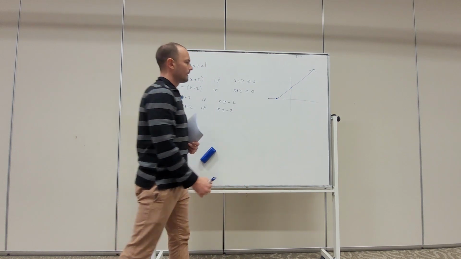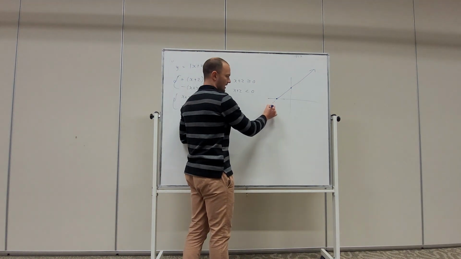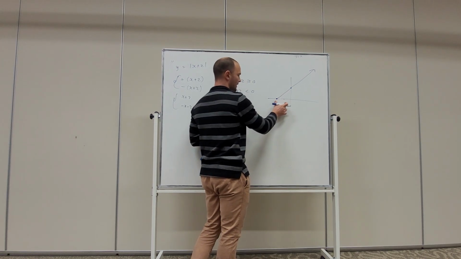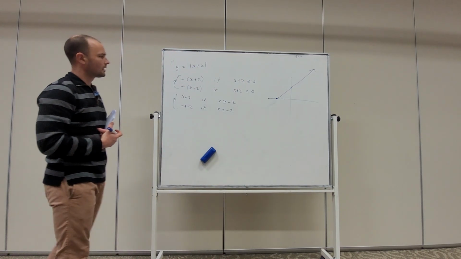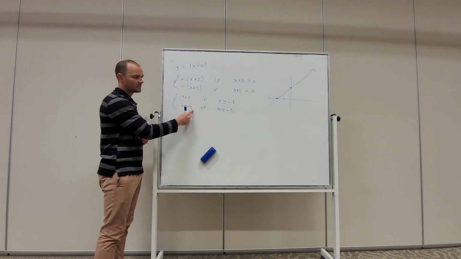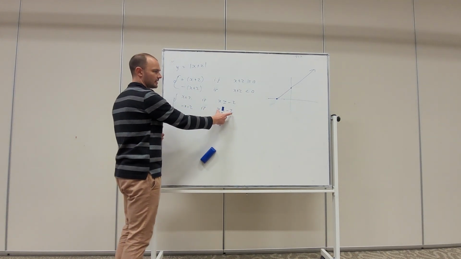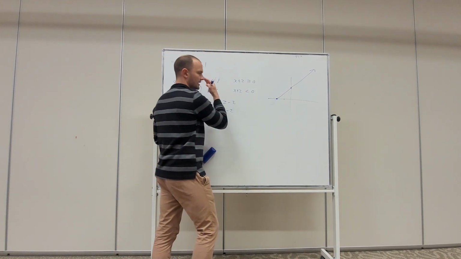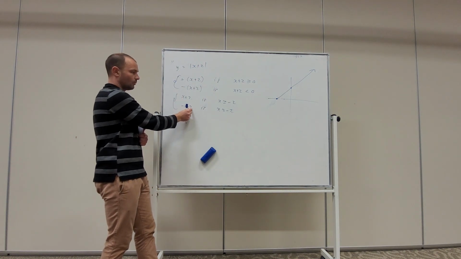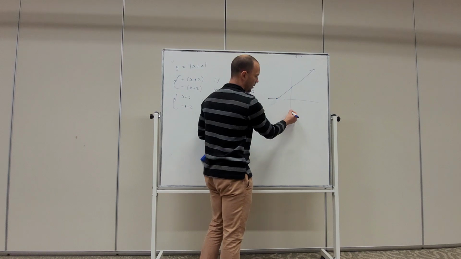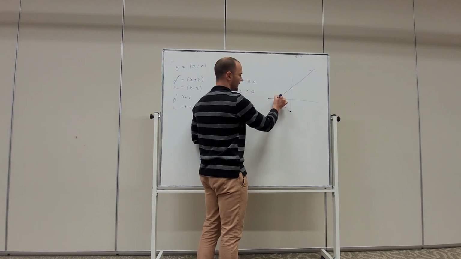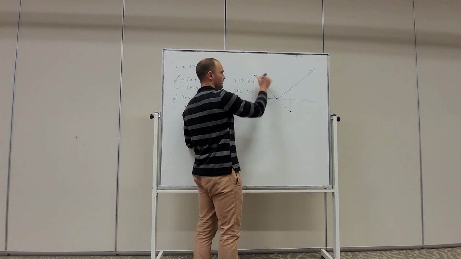It doesn't exist down here because we have absolute value, which means it's always positive. And then we have the function minus x take away 2 if x is less than minus 2. So for values of x less than minus 2, it's got negative slope and a y-intercept of minus 2. So its y-intercept would be here. So it's this line, but exists to this side of it.